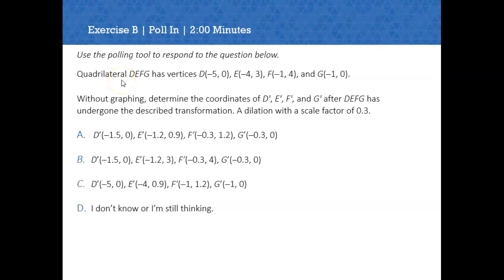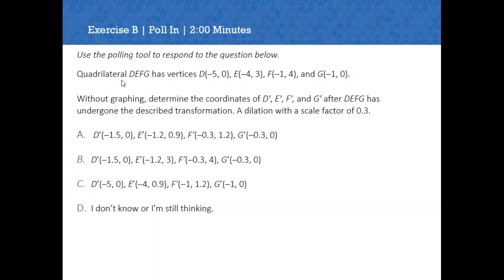Let's take a look. Quadrilateral DEFG has vertices D at (-5, 0), E at (-4, 3), F at (-1, 4), and finally G at (-1, 0). Without graphing, determine the coordinates of D prime, E prime, F prime, and G prime after DEFG has undergone the described transformation.